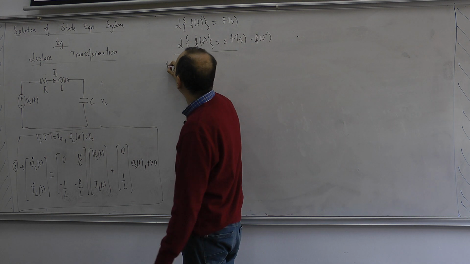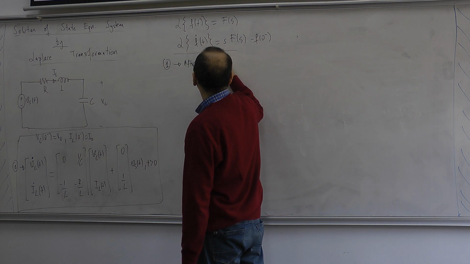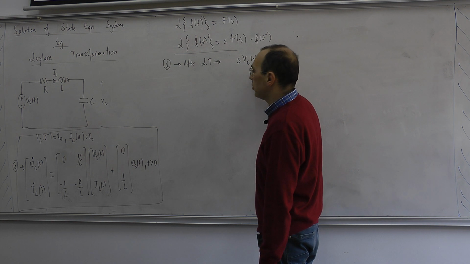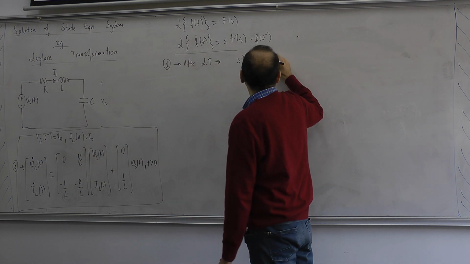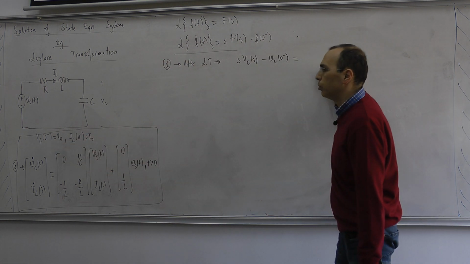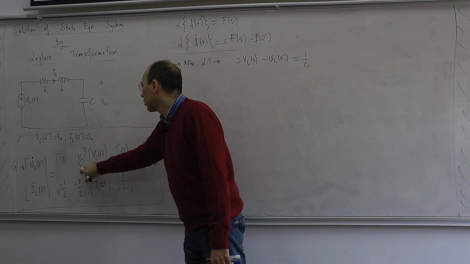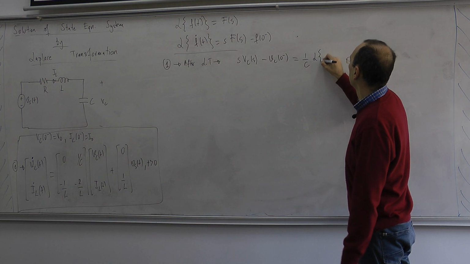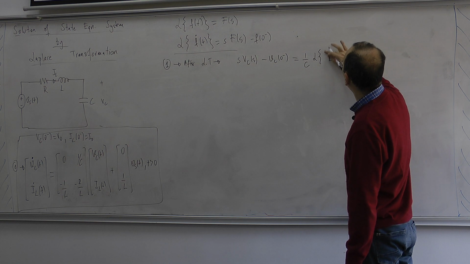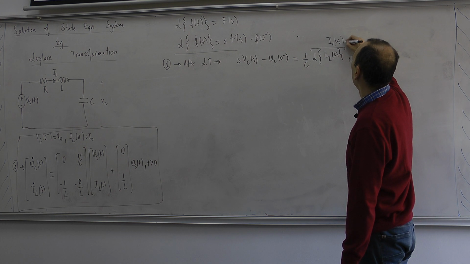After Laplace transformation, this will be s times Vc of s, minus Vc of 0 minus, which is this initial condition, is equal to right hand side's Laplace transformation. On the right hand side I have Laplace transform of 1 over C times il of t. Let me use small letters for this one also. So this will be Il of s.